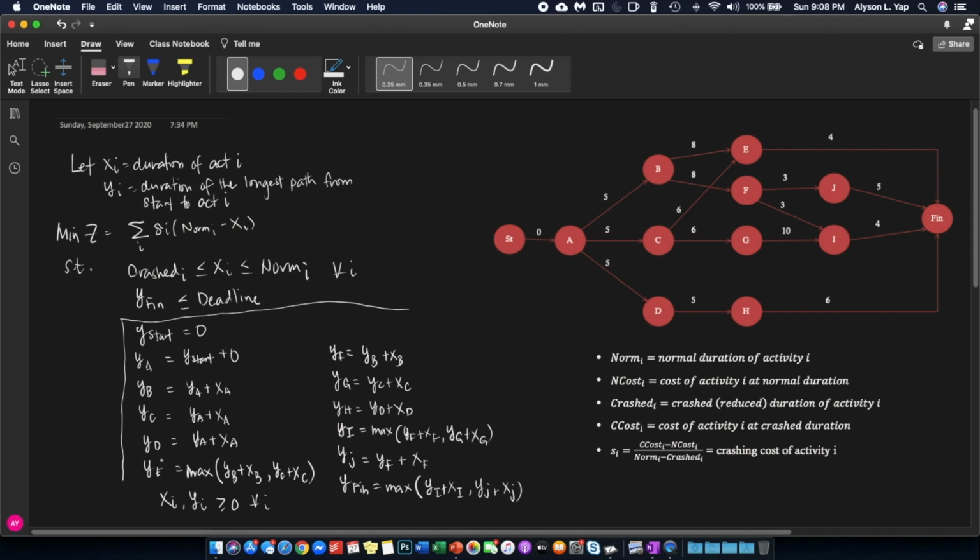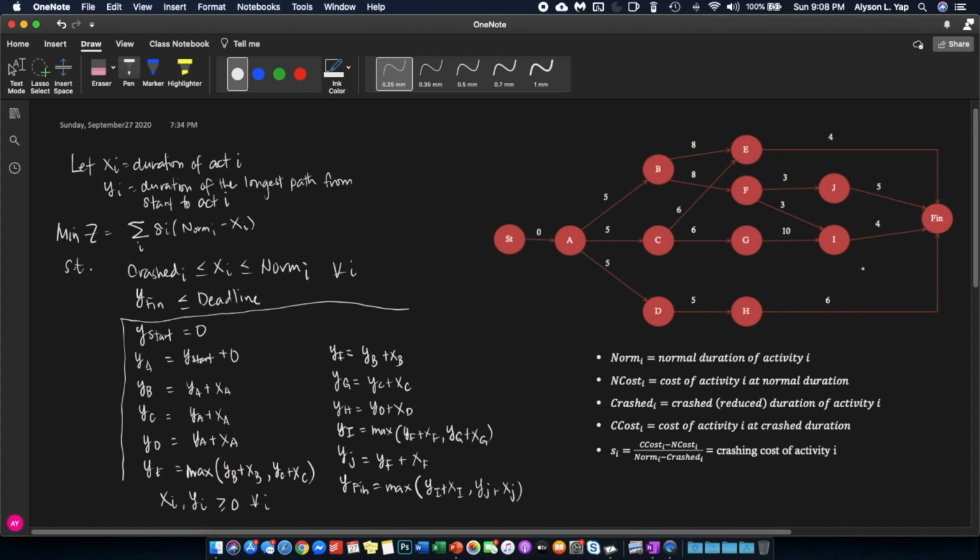In the same way we did y sub E, node I has two inbound arcs, one coming from F, the other one coming from G. And therefore, y sub I is the biggest between the one coming from F and the one coming from G. Node J has a single inbound arc, so y sub J is just this.